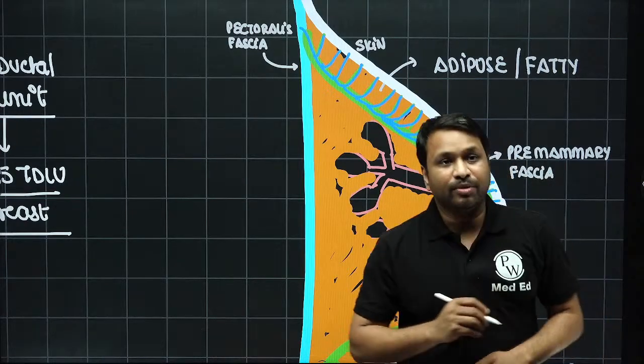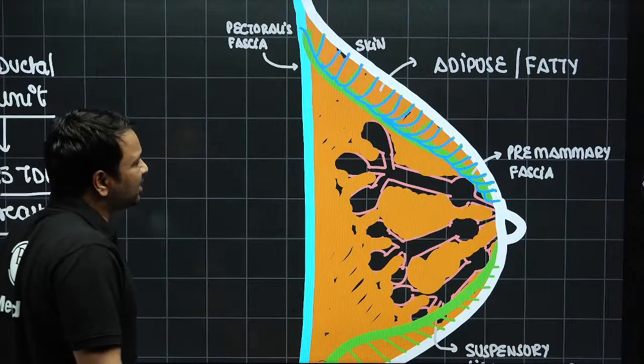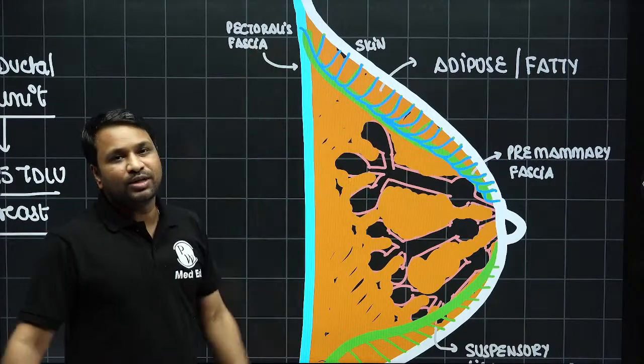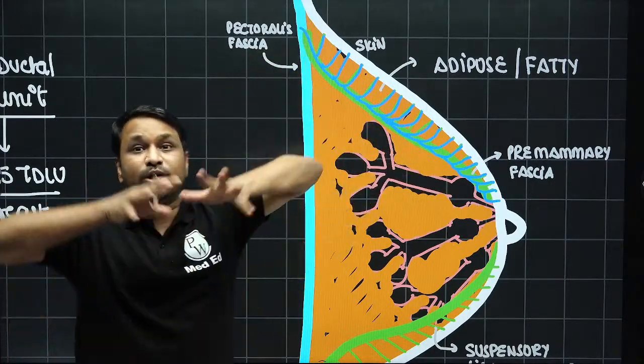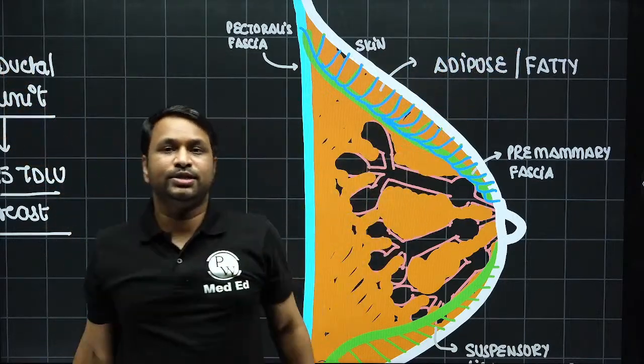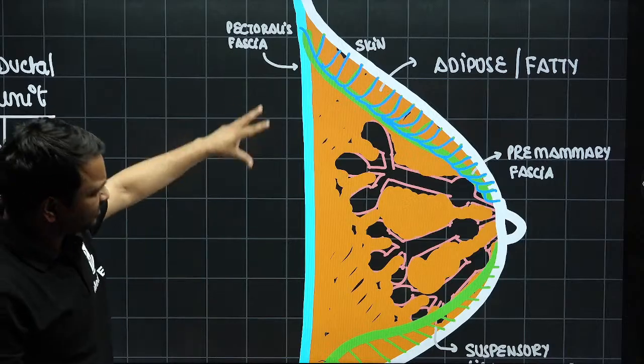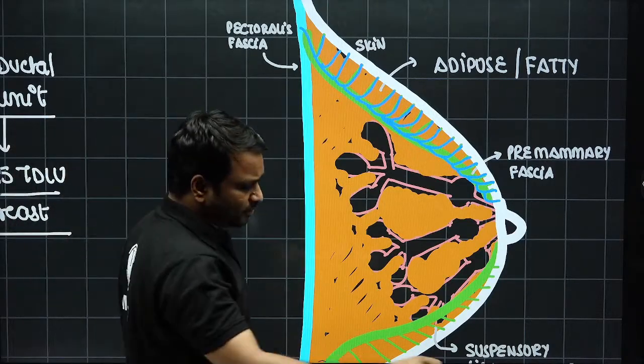So premammary fascia is a fancy word to tell you it is the suspensory ligaments of Cooper extending from the skin to the pectoralis fascia, and that too in a radial manner. So it is like from the skin all the way to the central component. Okay? So this is how you have the arrangement of the suspensory ligaments of Cooper.